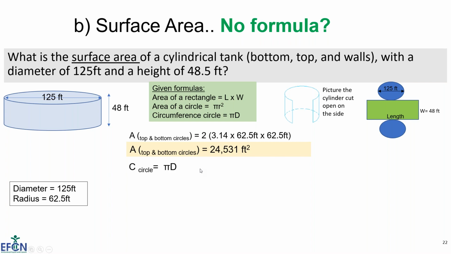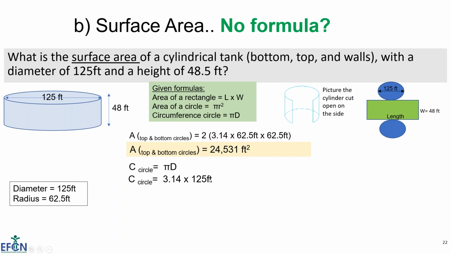And we want to go ahead and also get the area of our rectangle, and then we can add those 2 parameters together. From what we discussed earlier, the circumference of the circle is equivalent to pi multiplied by the diameter. Now, my pi is a constant, 3.14, but my diameter of that circle is 125 feet.